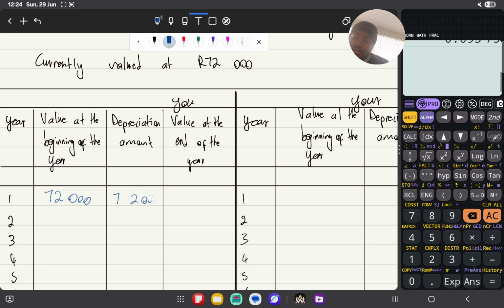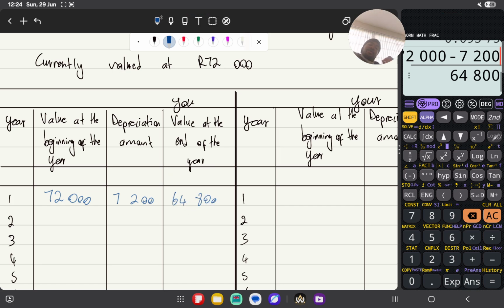7,200. Right, and then the value at the end of the year is going to be how much? 72,000, we are minusing 7,200. You end up with 64,800. Now we go again.